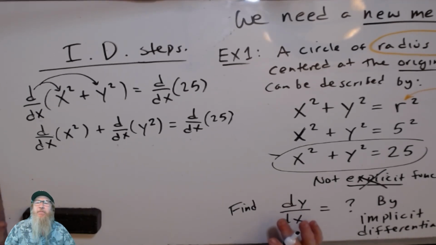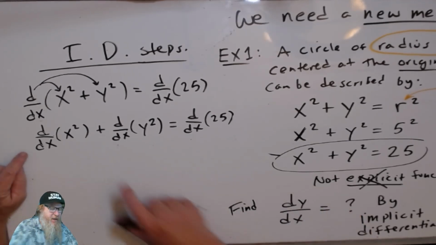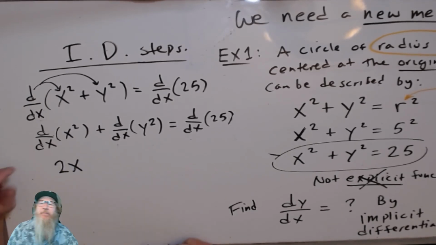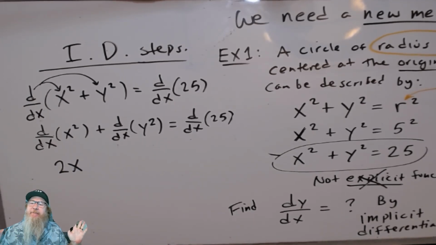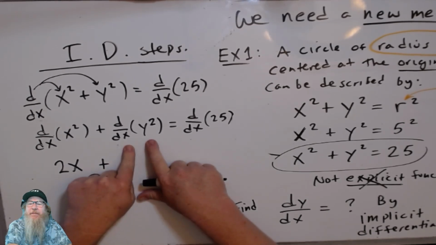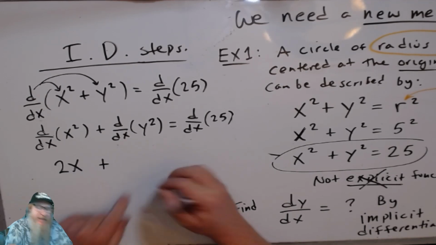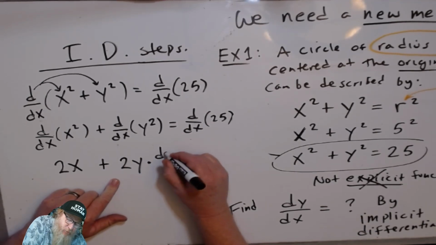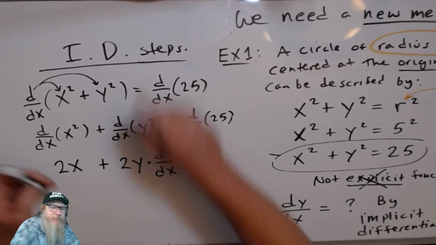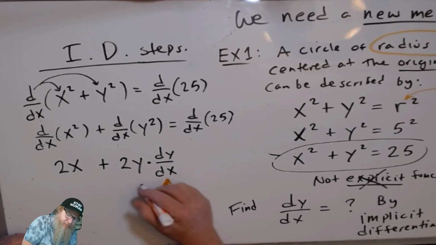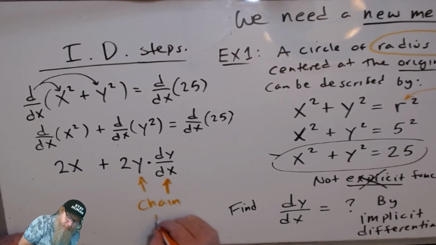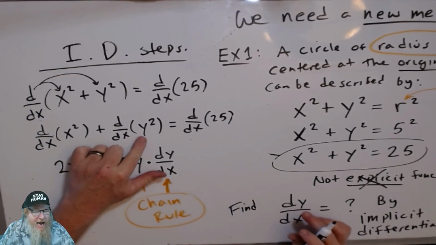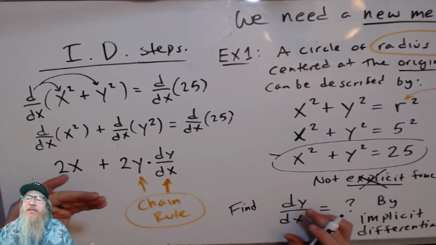All right, now here's where it gets weird, or interesting, maybe, is a better word for it. The derivative of x squared is very simple. It's just 2x. So that's easy. Here's where it gets weird. The derivative of y squared, it is 2y. That is true. But because of the chain rule, y is a function of x, right?